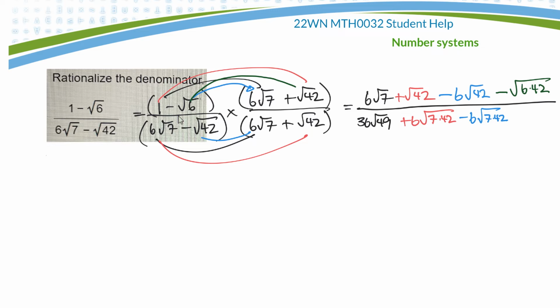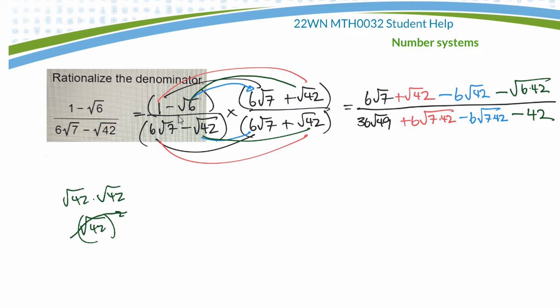Those will cancel. And then root 42 times, negative root 42 times a positive root 42 will just be a negative 42. Because that's root 42 times root 42, that's the same as root 42 squared, because there are 2 of them, and the 2 cancels that out. So you just have a 42 there.